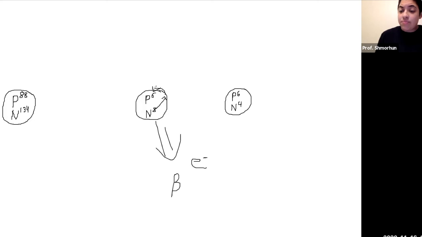So now, because this atom has undergone beta minus decay, the nucleus will now have 7 protons and 7 neutrons. Now let's take a look at this. Previously, before this atom underwent beta minus decay, it had 6 protons. But now this nucleus has 7 protons. So because this original nucleus had 6 protons, aka carbon, but now it has 7 protons, it's not carbon anymore.